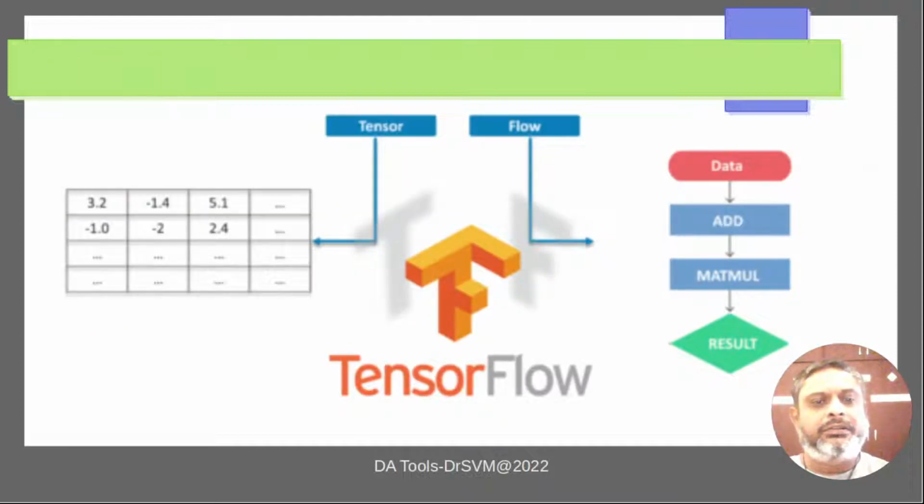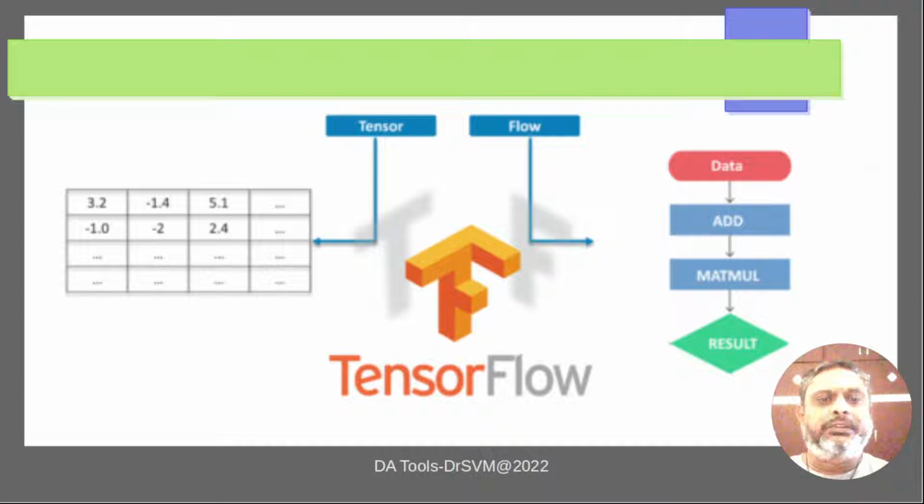So that's how the data can be represented as a tensor. Tensor is general multi-dimensional data. A zero dimension tensor is a scalar. A one dimension tensor is a vector.